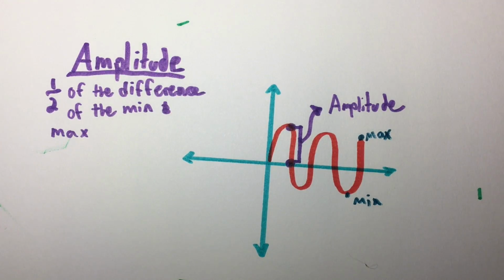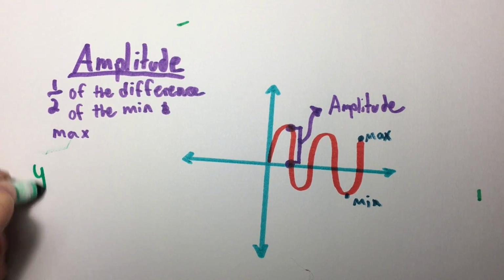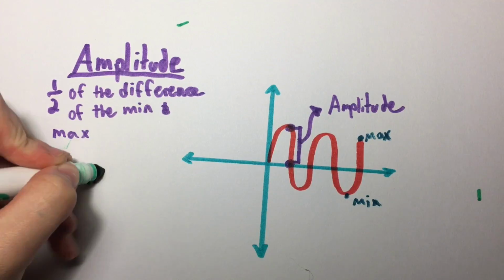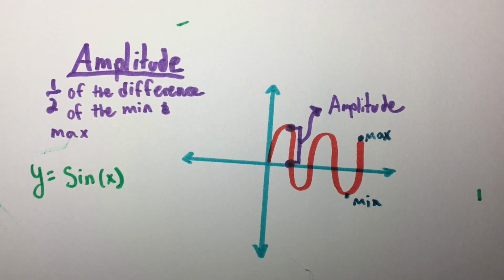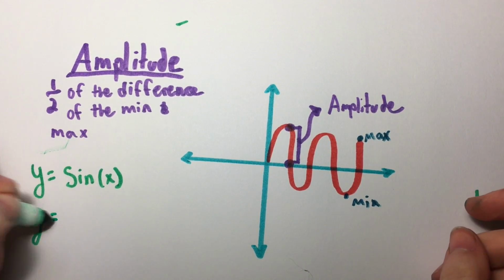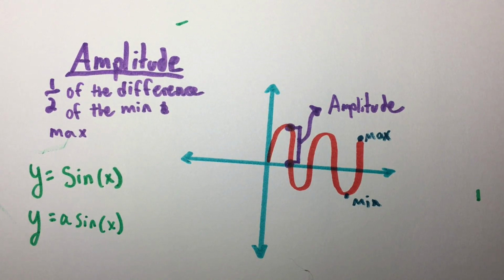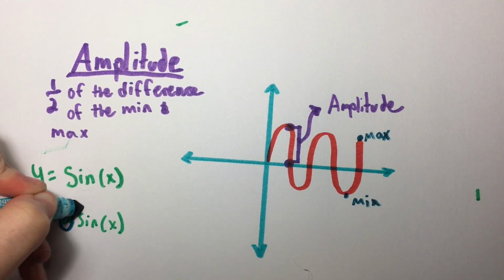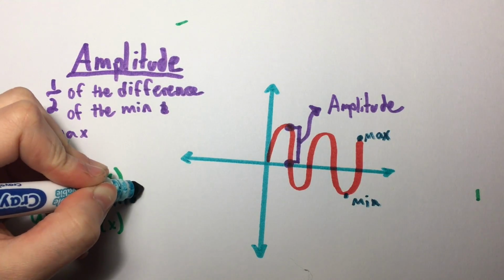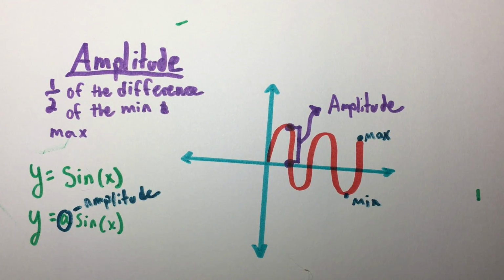Now, how do you put that into our equation? Let's start out with our parent function, y equals sine times x. Now we're going to add in a new variable, a, to make y equals a sine of x. And a represents the amplitude of the graph, or the function.